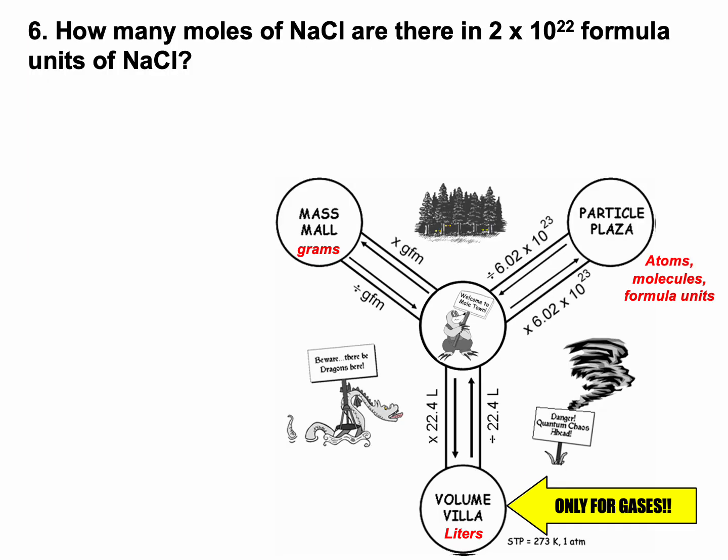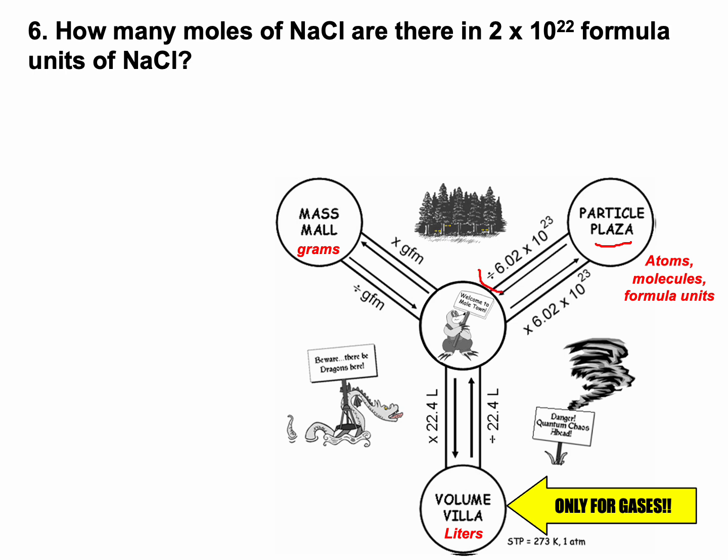All right, so now we have how many moles, so we're going back into the center of town, are there in 2 times 10 to the 22nd formula units of sodium chloride. So we're starting out here, particle plaza, and we're going to divide by Avogadro's number. Now, one of the things that trips people up the most is when they go to divide by Avogadro's number, there's an order of operations issue that they have with their calculators.